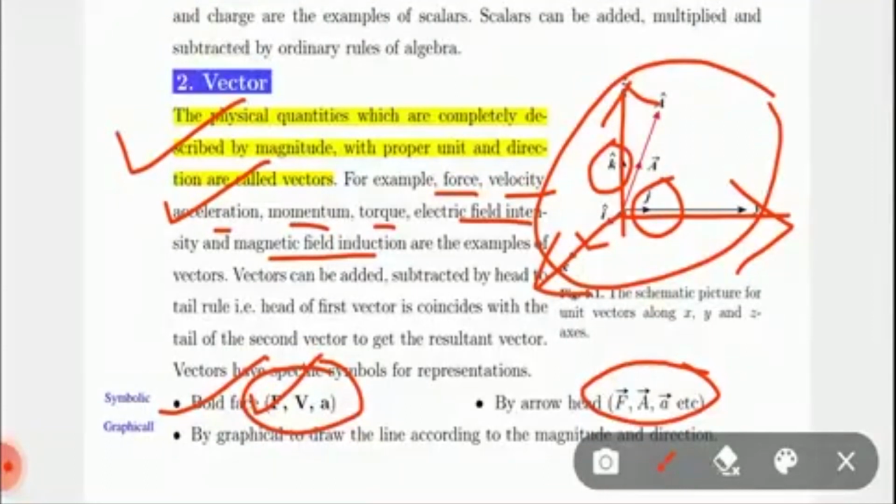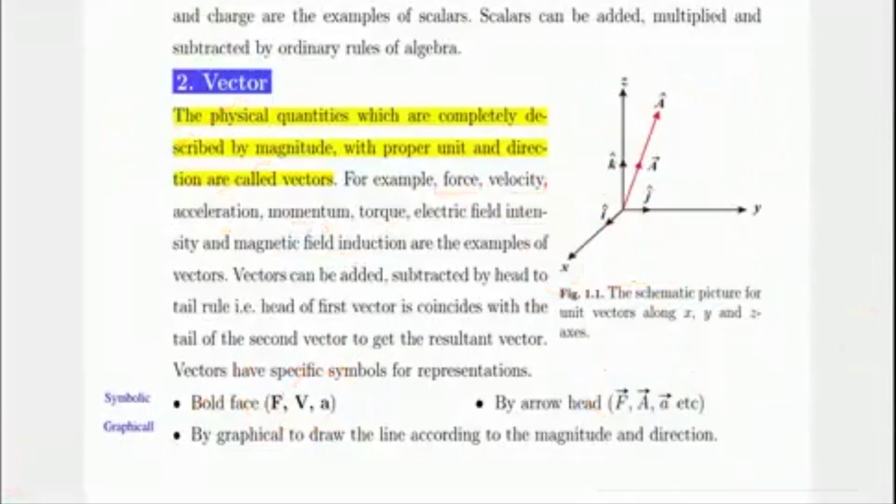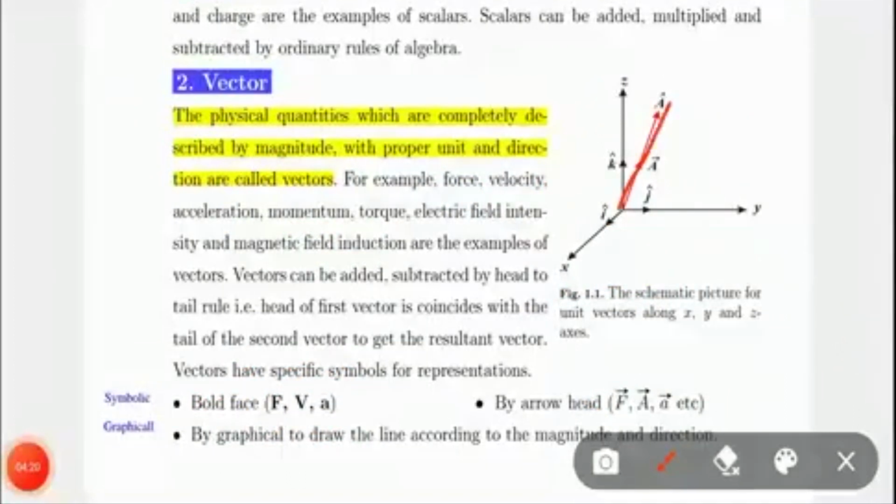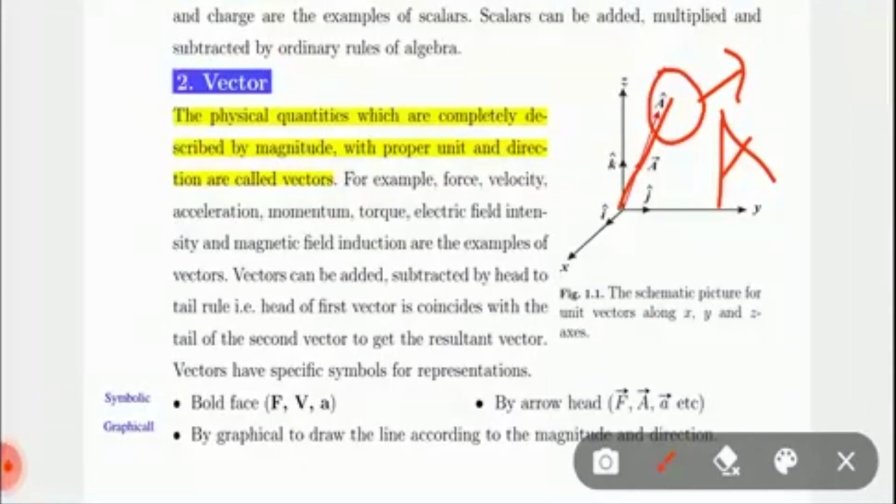We will discuss the unit vectors in the next section. Here in this diagram, the vector A is represented by the symbol A with an arrowhead above it, and at the end of this vector you will see a unit vector A.